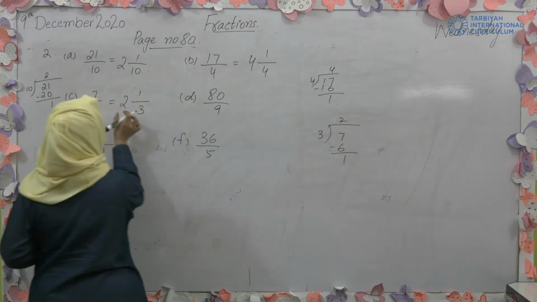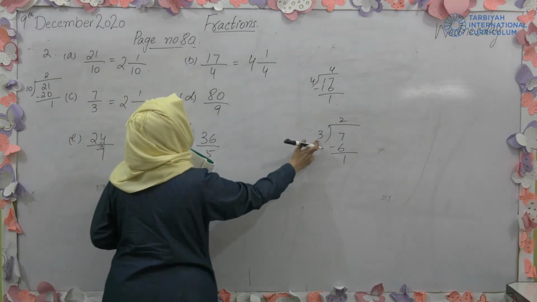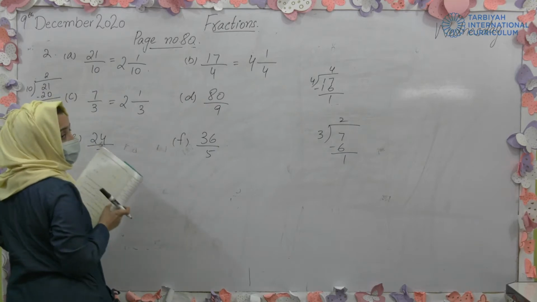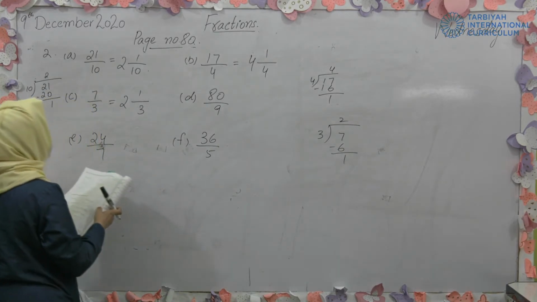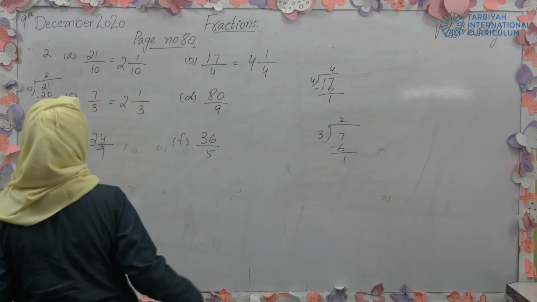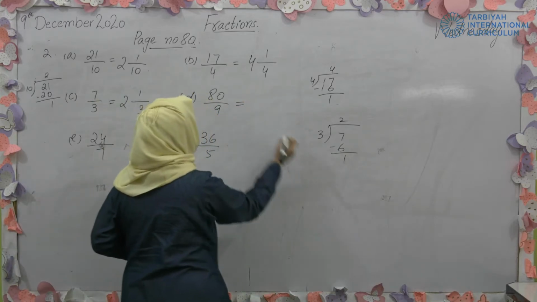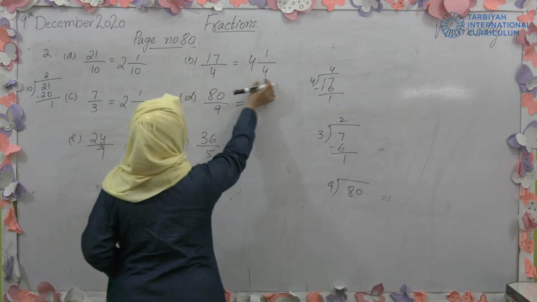Quotient is the whole, remainder will be the numerator, and divisor will be the denominator. We have already done this in the classes. Now this is just the revision. 80 by 9. I am just doing it for the rough side. You will just write the answers.